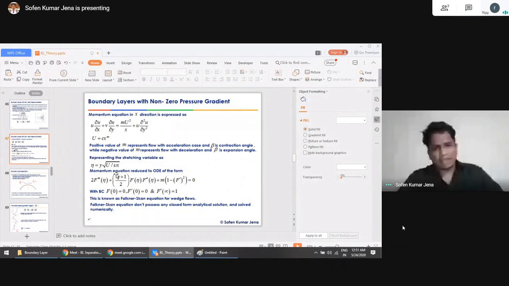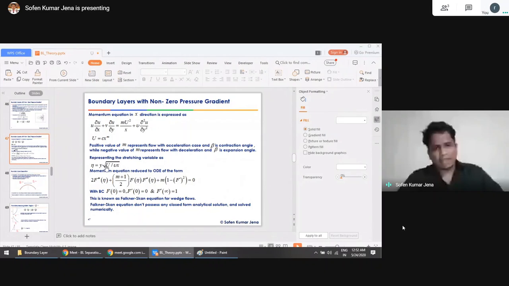Here it is the functional notation we have used, the change in the function for capturing eta. That time eta is equal to y by delta. Delta is nothing but the boundary layer thickness, already we derived, root of nu x by u infinity, with some constant multiplication also there.